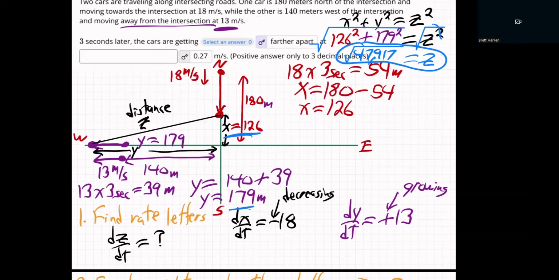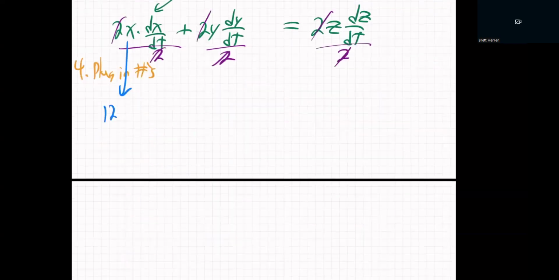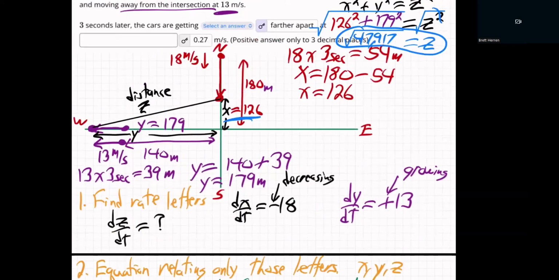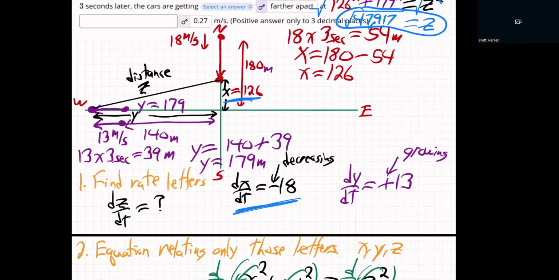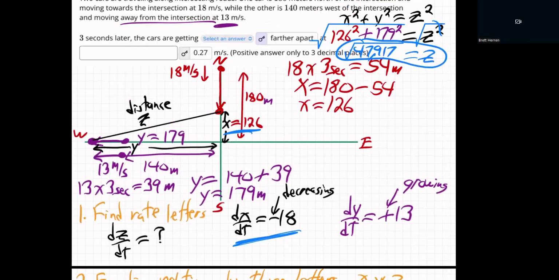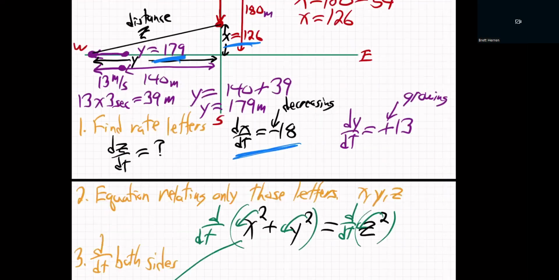Let's do one at a time. X is 126 times, what's dx/dt? Negative 18, because it's closing, it's shrinking, it's negative. Plus, what is y? Y is 179.